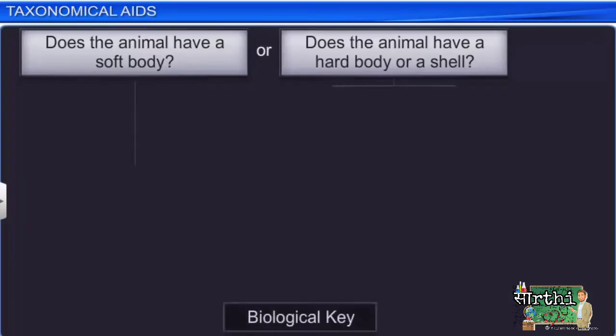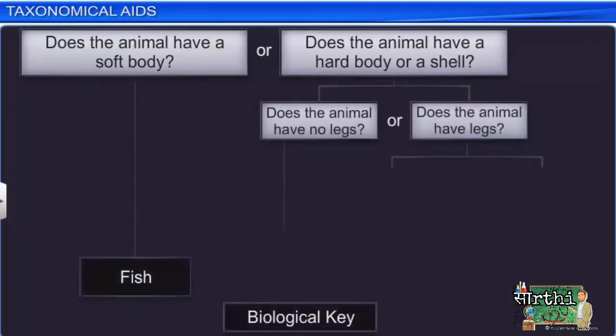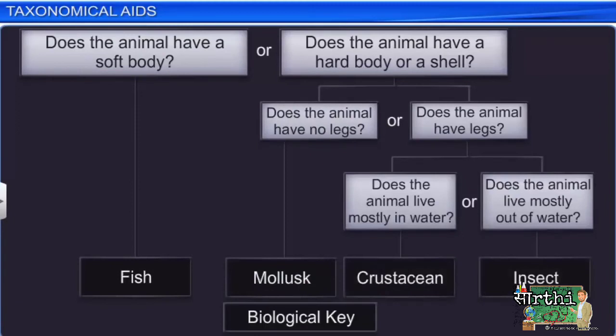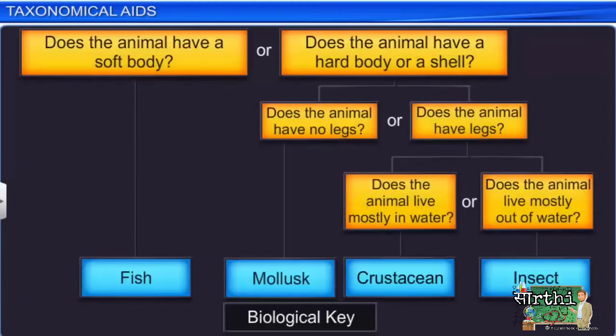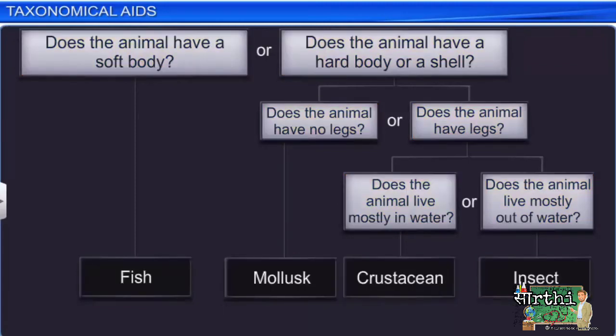A biological key is another taxonomical aid used for the identification of plants and animals. It is a list of questions that help identify and classify a living organism. Each question presents contrasting characters of an organism in a pair called a couplet. To classify the organism, the character similar to the organism has to be chosen.